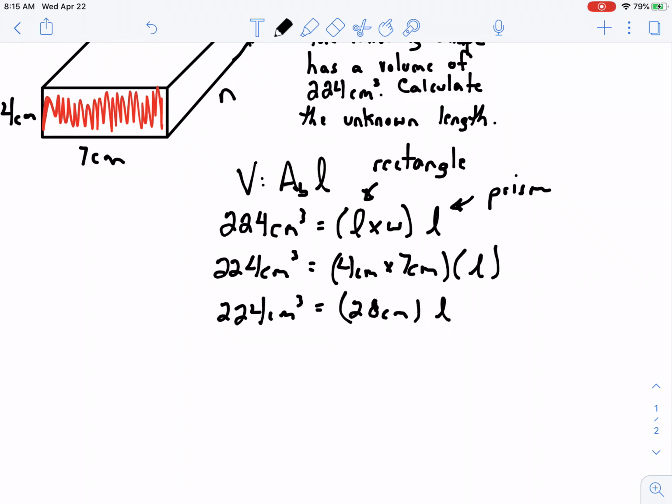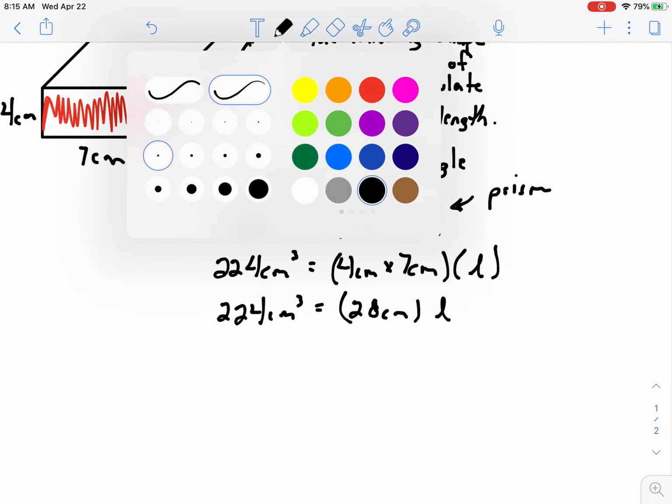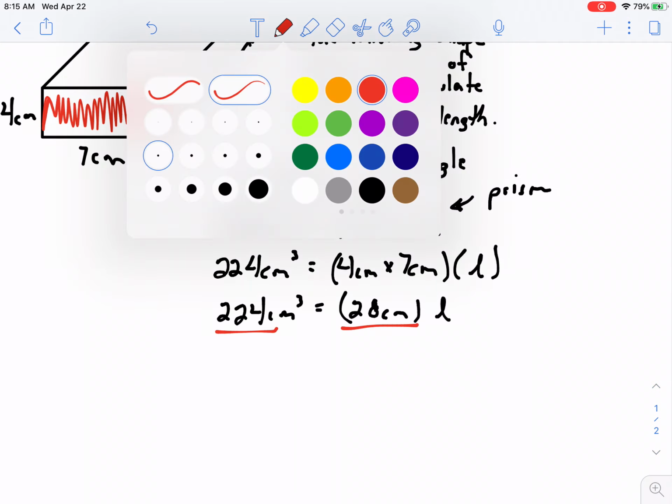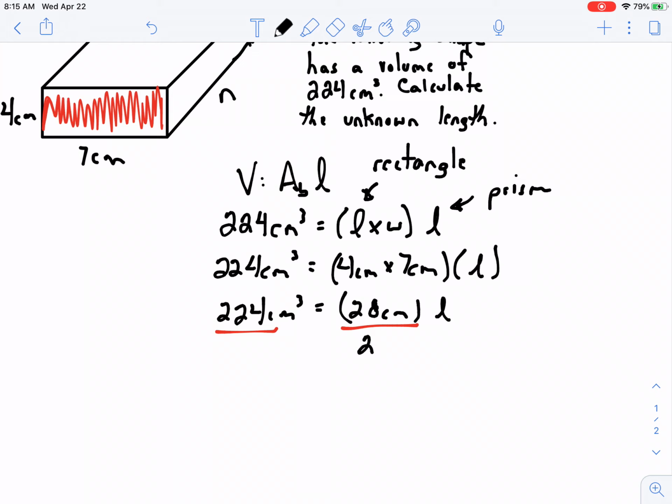To get my length by itself, I'll do this in red, I'm simply going to divide both sides by 28. I'm picking 28 because I want to get L by itself.